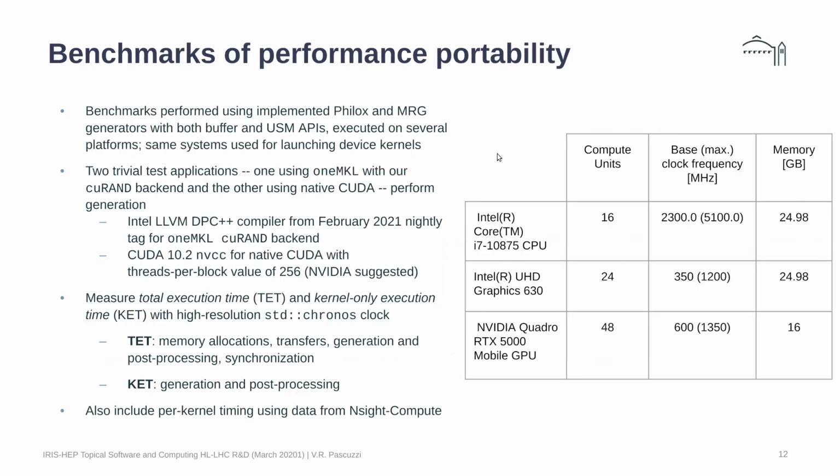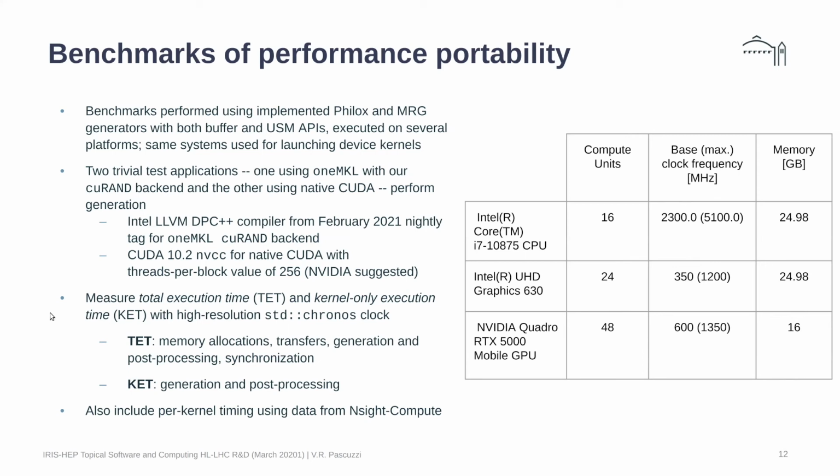So for benchmarks of performance portability, we looked at 3 different platforms. One was the Intel CPU, one an integrated Intel GPU, and an NVIDIA Quadro RTX 5000. You can see the specifications here of the different hardware. As you go down the list, you become slightly more powerful, but you also lose clock frequencies, because your CPUs generally have much faster clocks than your GPUs, but you also gain compute units or cores.